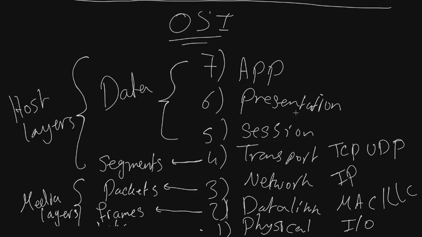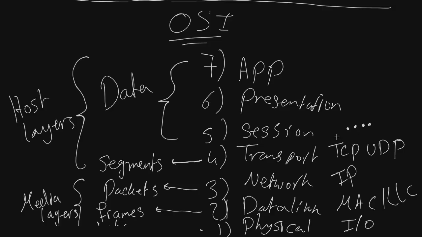Then the session, presentation, and the app. Sometimes they just mix all these 3 into app, but in the OSI model it segments each one of them. Session is, on the simple spectrum, like I've opened multiple Chrome tabs. These are multiple sessions. It's the simple way to explain the session.